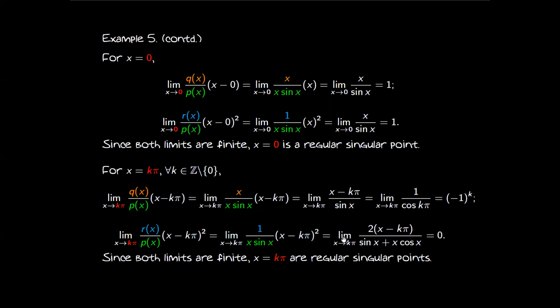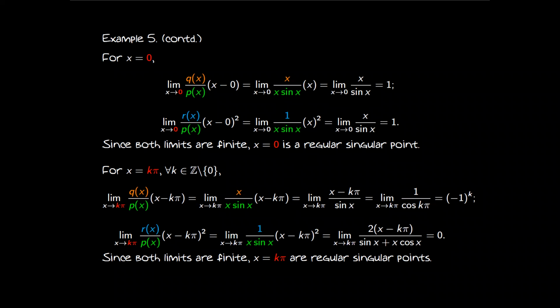And you understand why, right? Because, for example, here you have the cancellation. You can cancel all the x part. But for this case, the x minus k pi, you cannot cancel any one of them, okay? And when you do L'Hopital's rule, you can see here it's no longer 1, okay? So that's the reason.